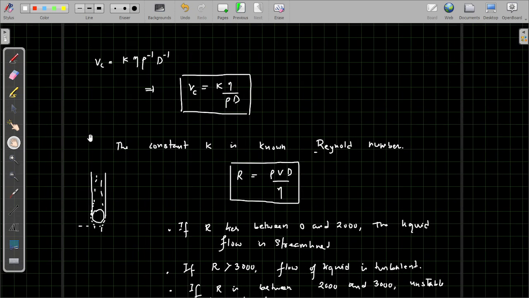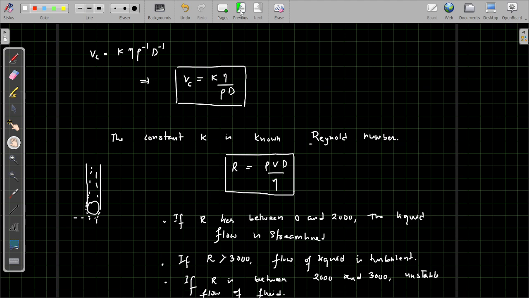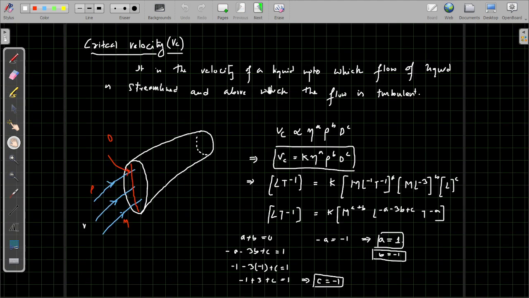So this is one of the most important criteria that determines how the flow of the fluid through a pipe will be. Thank you.